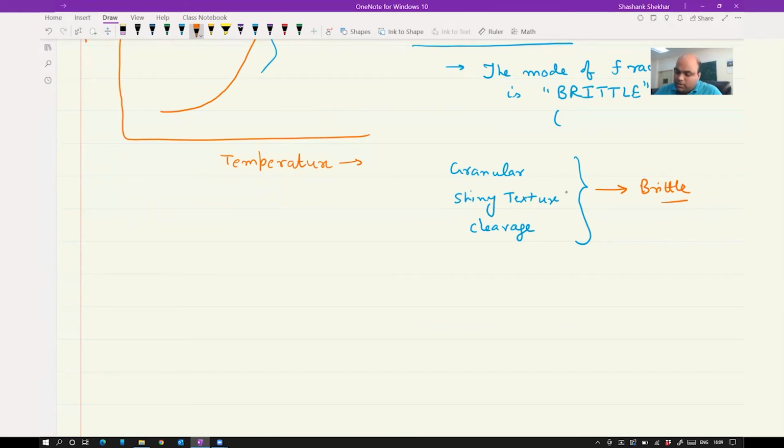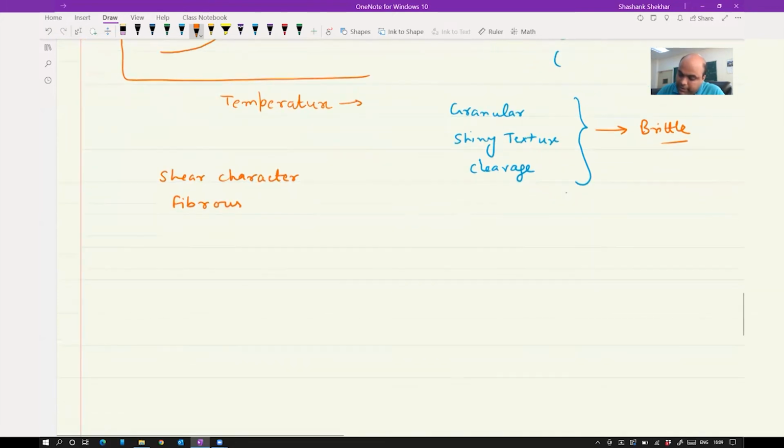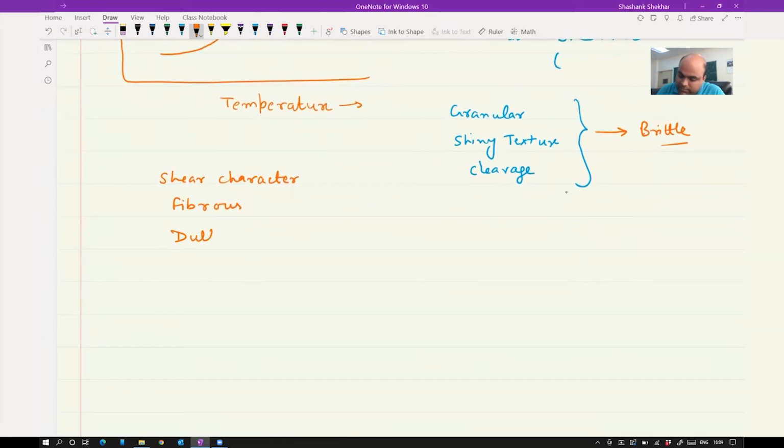Okay, and if it is of, say, shear character, fibrous, and the texture is dull, then these will be your characteristics for ductile behavior.